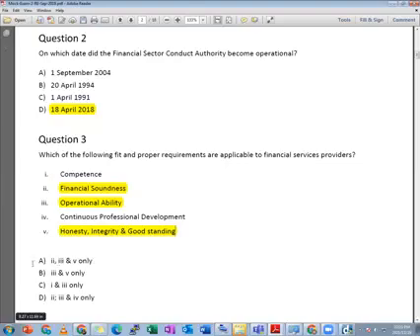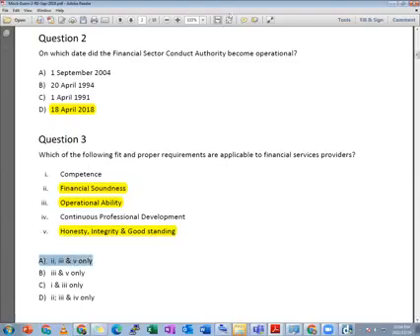All right. So here the answer cannot be D because it has 4. It can't be C because it has 1, and it can't be B because it does not have 2, whereas financial soundness is a requirement for you to become an FSP. So our correct answer here will be A.